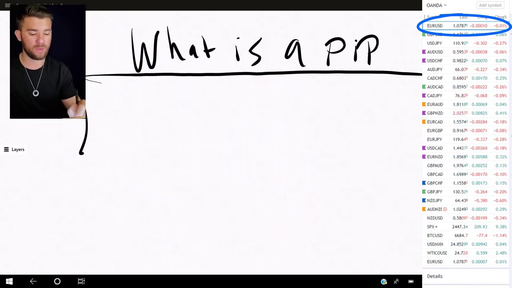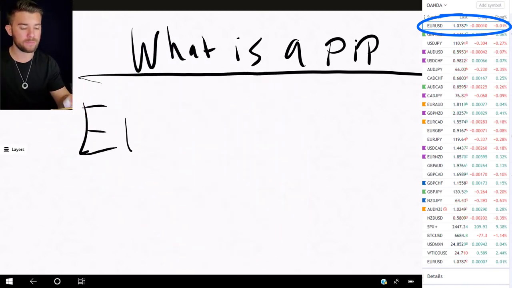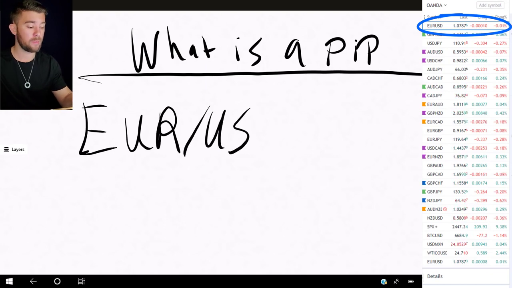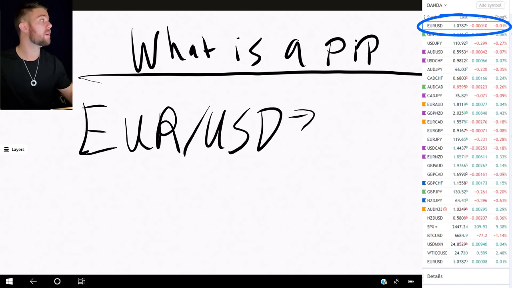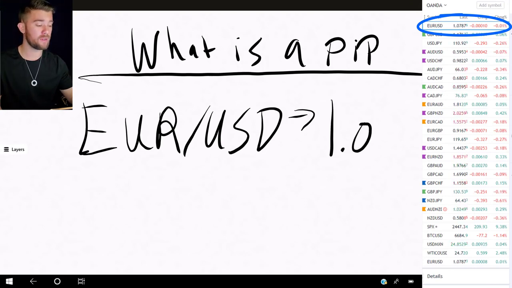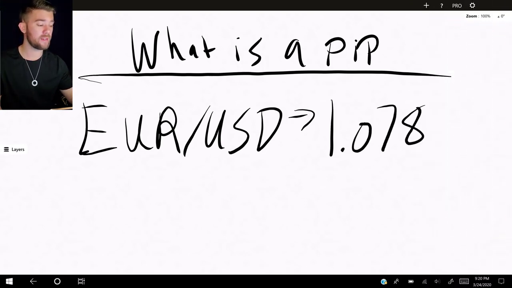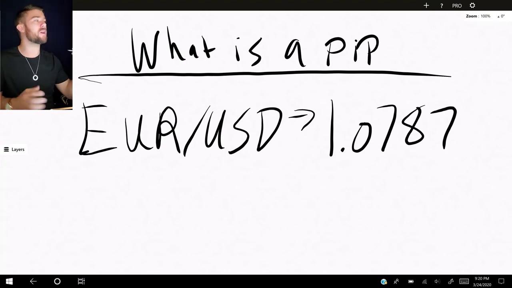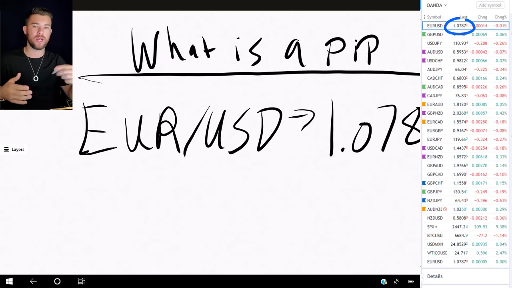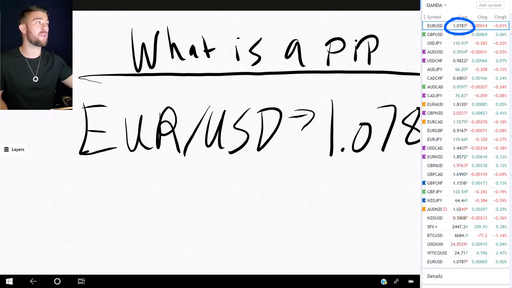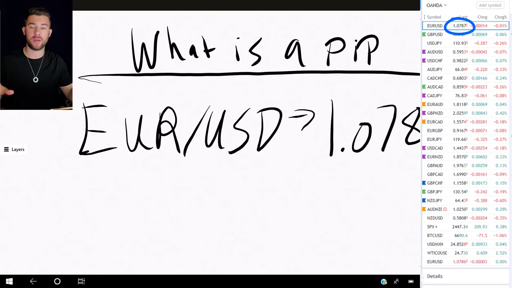So let's write that down: we have the euro dollar at a price of 1.0787. You can see on that currency as well that there is a smaller number as a fifth decimal, a smaller number that's 2 right now in red. That's a fractional pip. We're not going to worry about those at all.